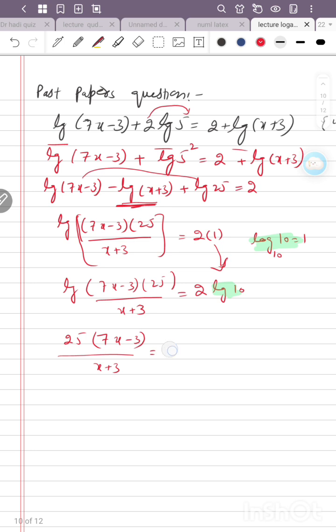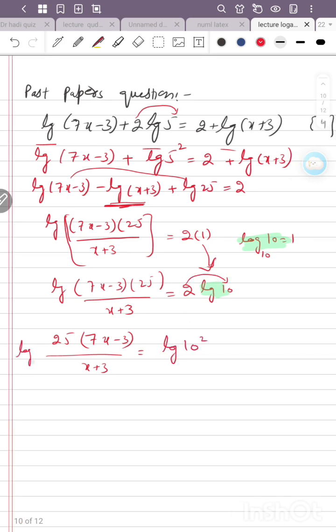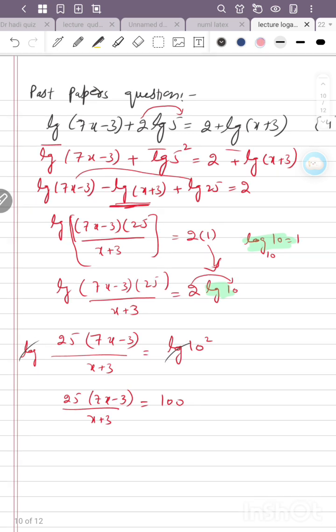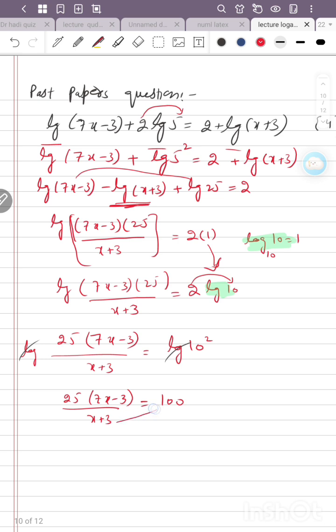By using the property, these logs cancel each other because they are the same, so we get 25 times 7x minus 3 divided by x plus 3 equals 100. Now this will be multiplied to the other side: 25 times 7x minus 3 equals 100 times x plus 3.